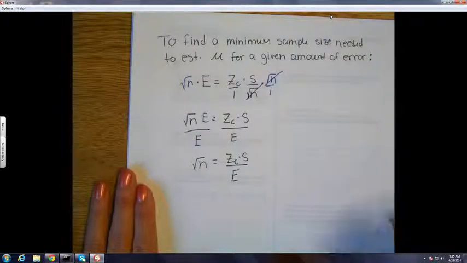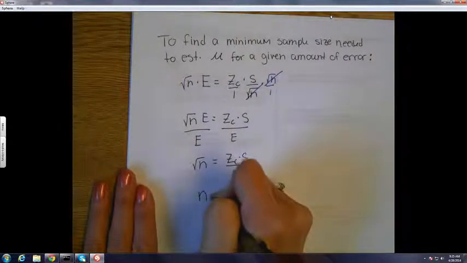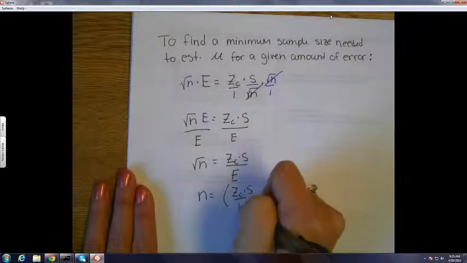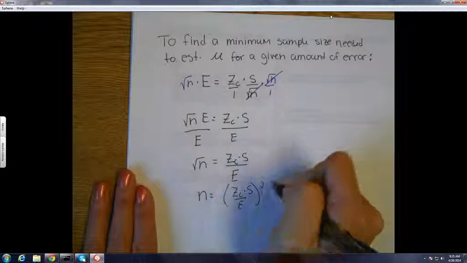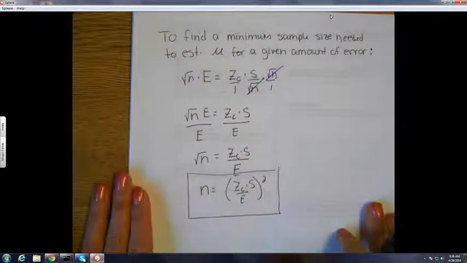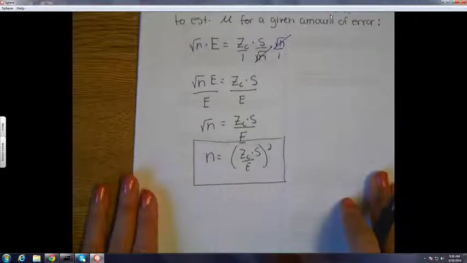Square both sides. That's your minimum sample size formula for a given amount of error.